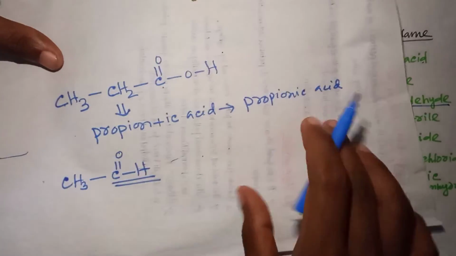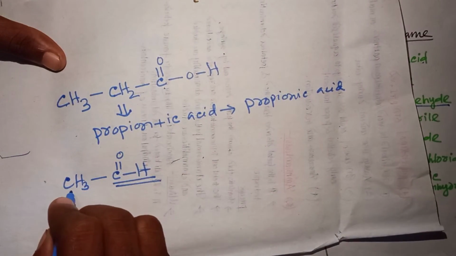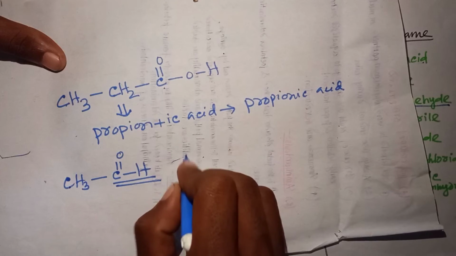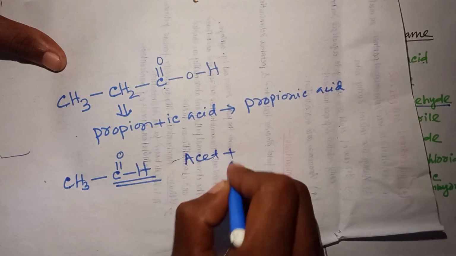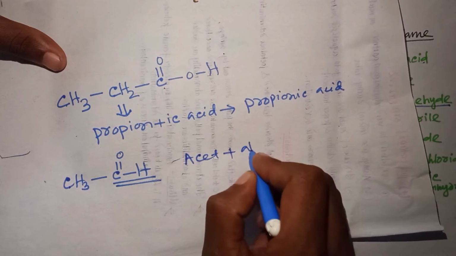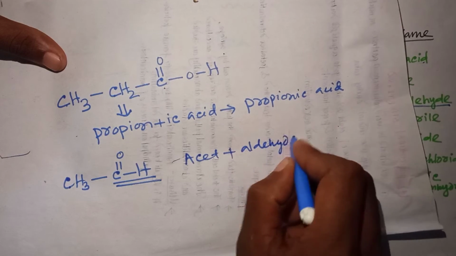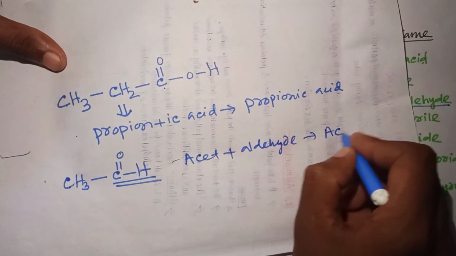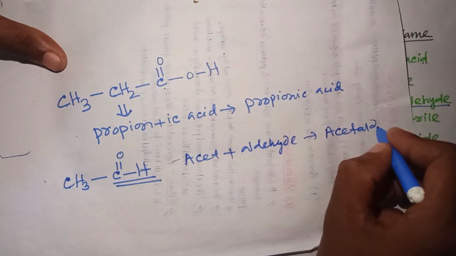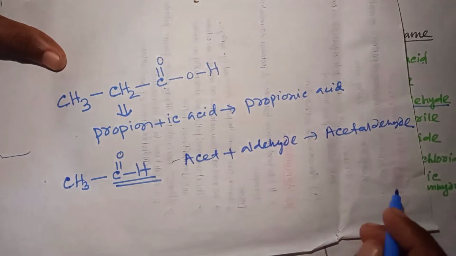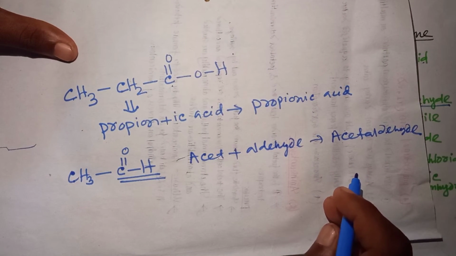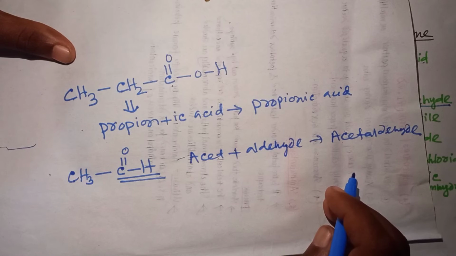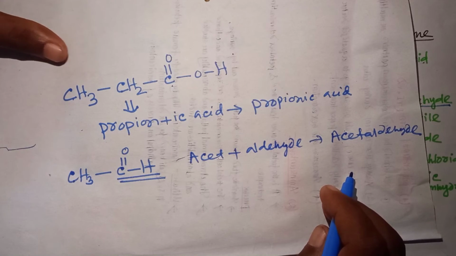So the name of this compound will be acet plus aldehyde. Finally its name will be acetaldehyde. In a similar manner we can give common names to other compounds as well.